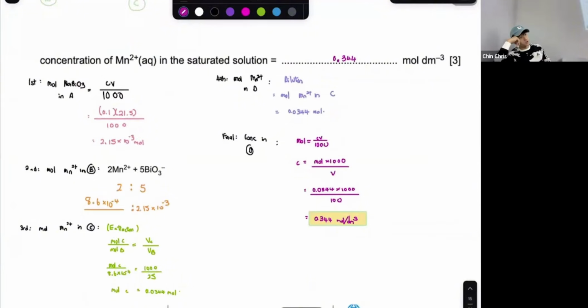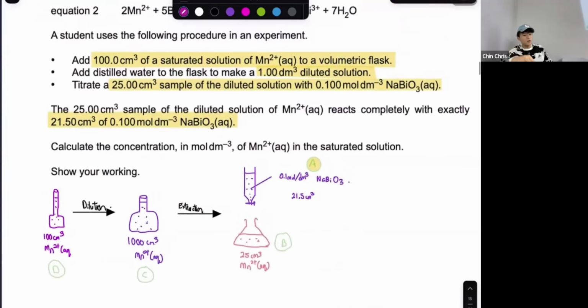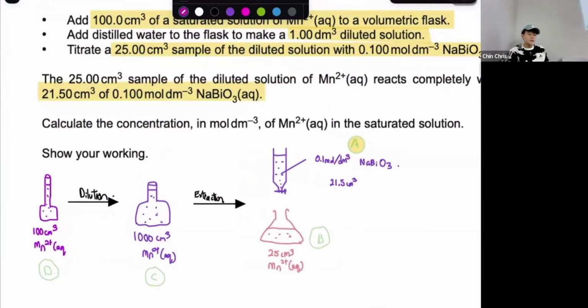How is it, guys? You guys know what is going on? This question is not easy, guys. Again, my advice to make this super straightforward is to have a drawing, and my calculation is based on the drawing. So I have the drawing first, then find the mole, find the mole, find the mole.